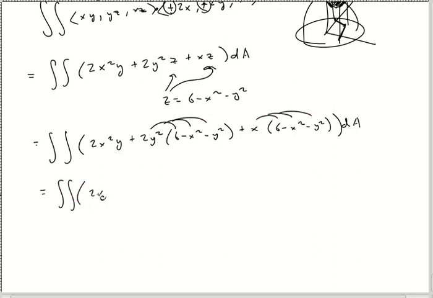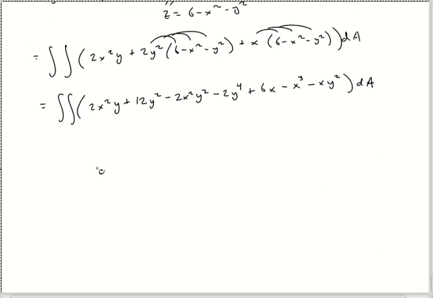Again, this is just one really large mess. 12y squared minus 2x squared y squared minus 2y to the 4 plus 6x minus x cubed minus xy squared dA. Okay. So now I'm going to integrate.